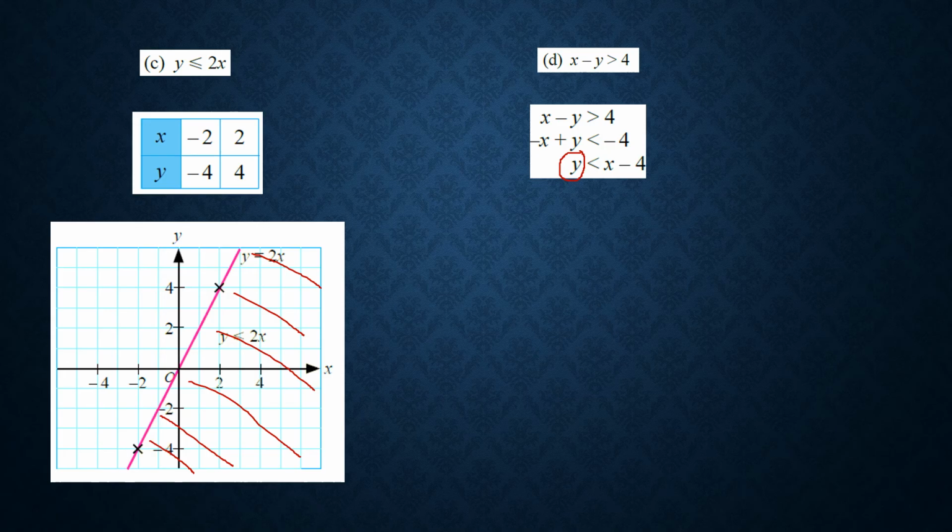Either you bring x to the other side first, so it becomes -y greater than 4 minus x. Then after that you change it to y less than x minus 4. Can do like this.